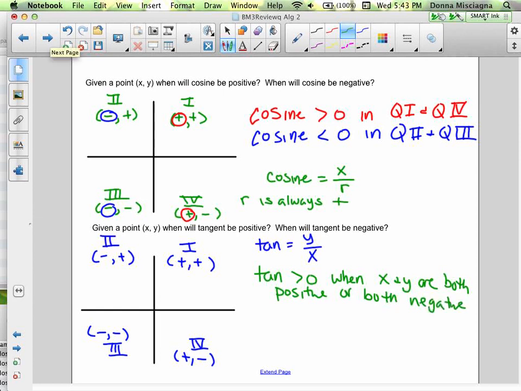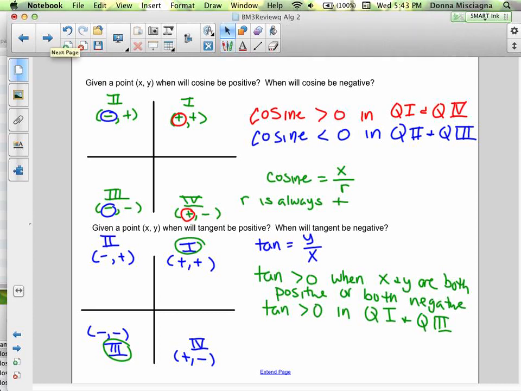Right, so that would be the first quadrant or the third quadrant. Right, so tangent is greater than 0 in quadrant 1 and quadrant 3.